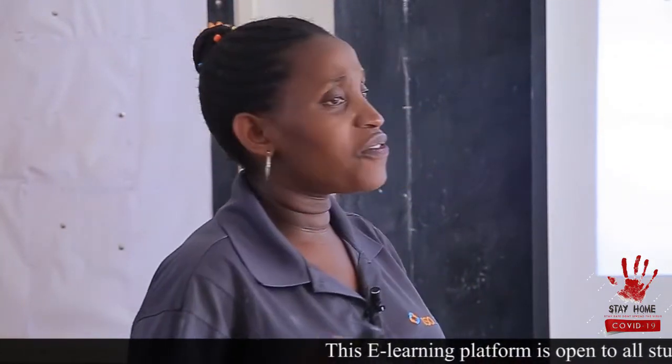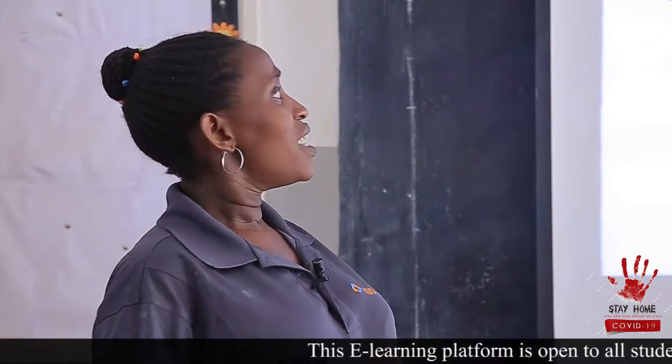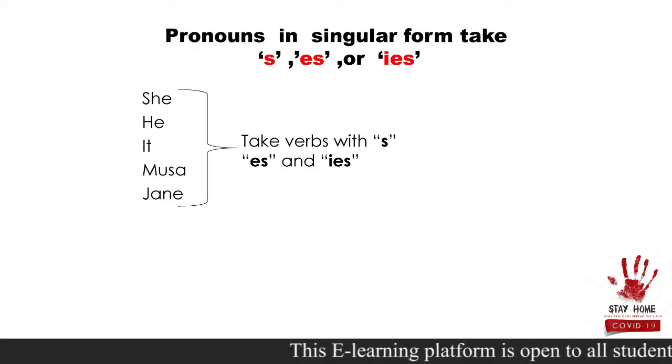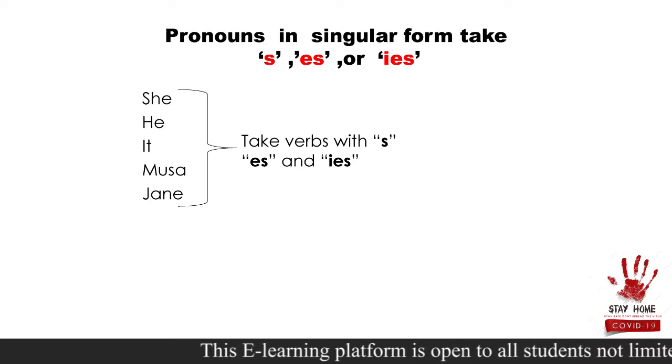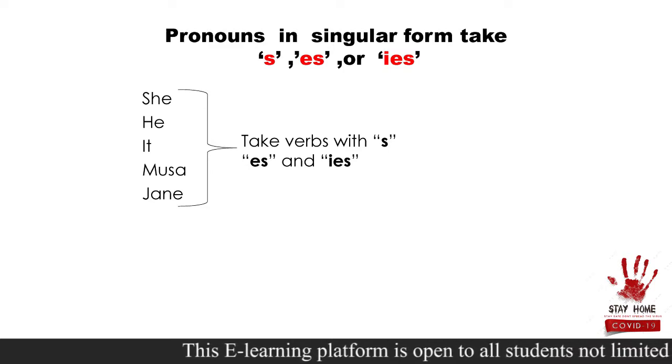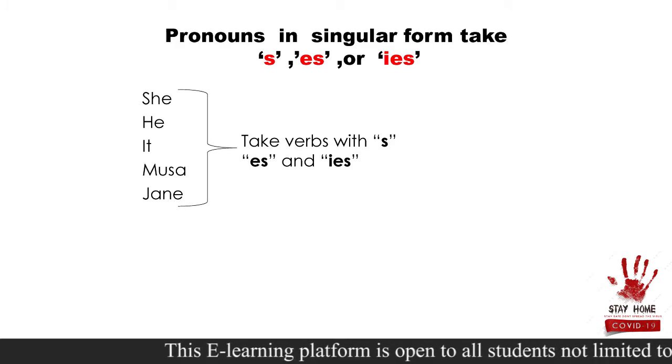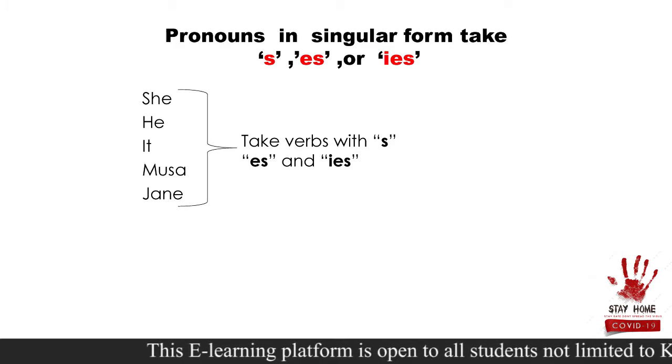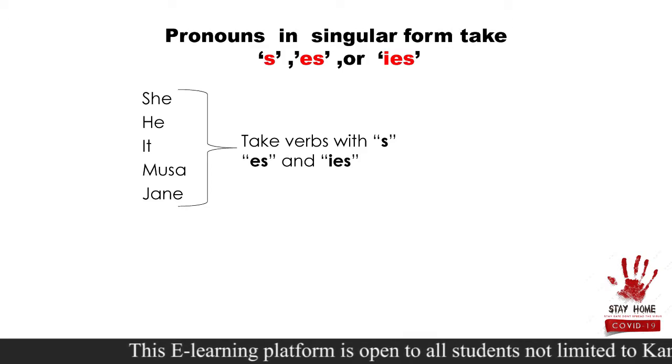He eats food daily. It runs around the compound every day. Musa goes to church every Sunday. Jane marries every year. That means when she marries this year, she will divorce, and even next year, she will marry.